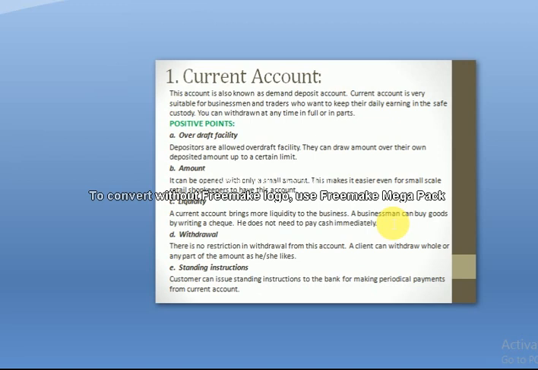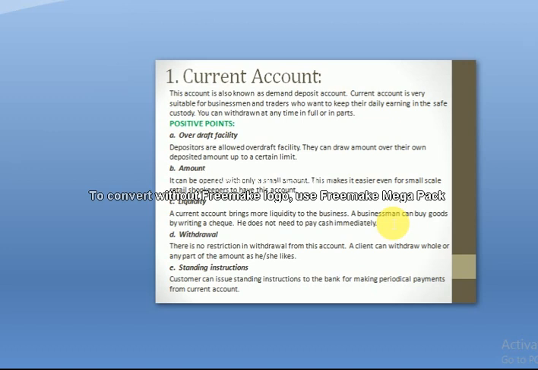Deposits means when customers put money in their bank account. This is called deposits. Withdrawals or drawings is when the customer takes out money by cheque or by ATM.